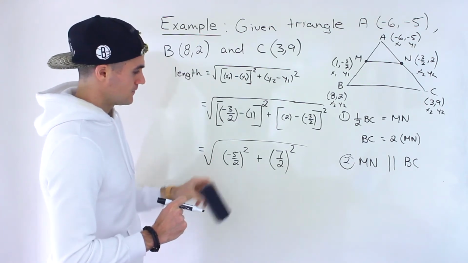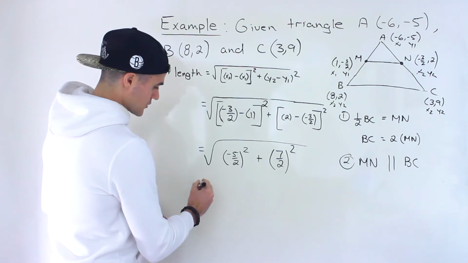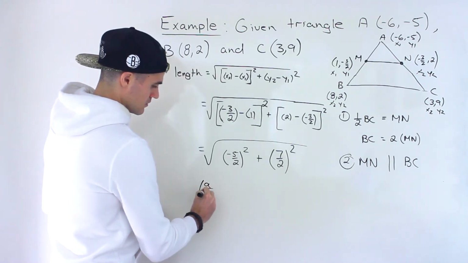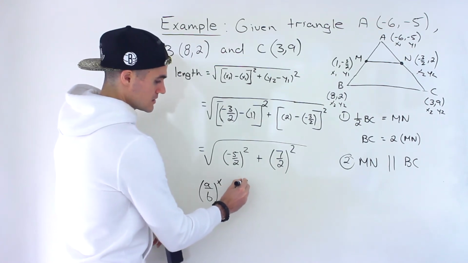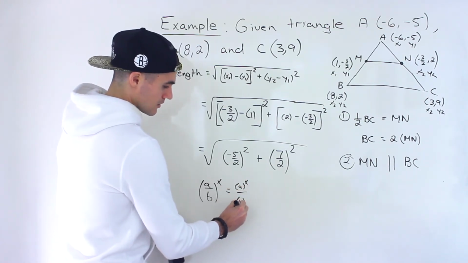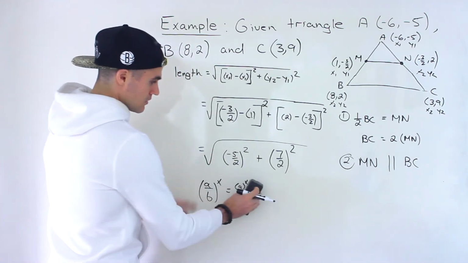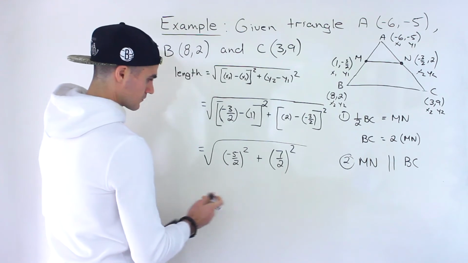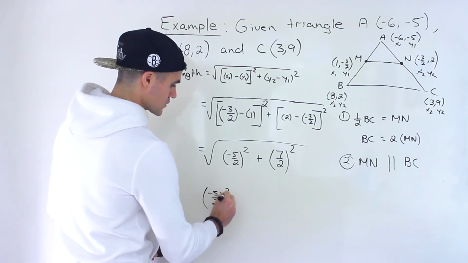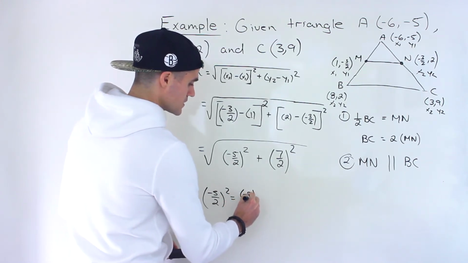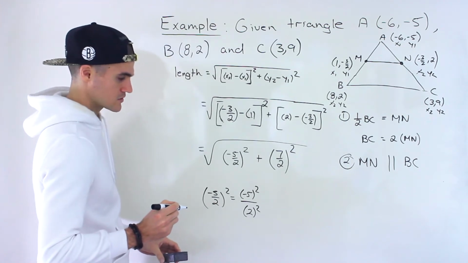So from here, whenever you're taking a fraction to an exponent, you could take the numerator to that exponent, and you could take the denominator to that exponent. So let's actually do it on the side. Negative 5 over 2 squared. We could take the negative 5 to the power of 2, and then we could take the 2 to the power of 2.